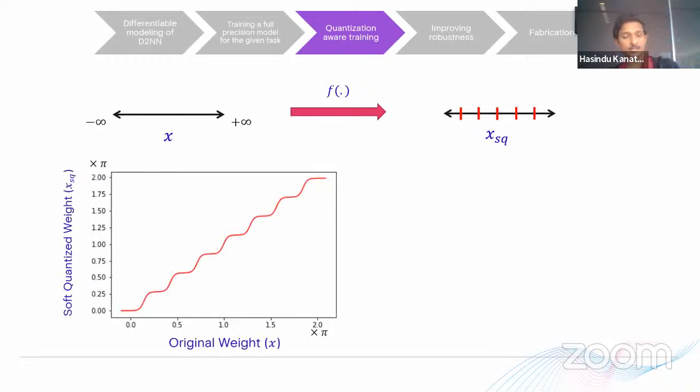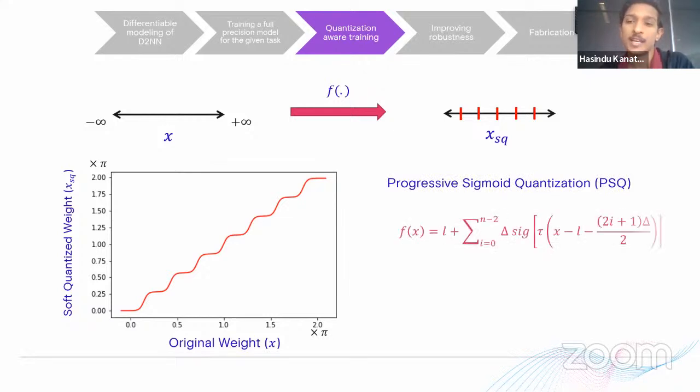For this, we propose a soft quantization function like this, which is a summation of a series of sigmoids. Hence we call it progressive soft sigmoid quantization. This is the equation of this function, a summation of a series of shifted sigmoid functions.